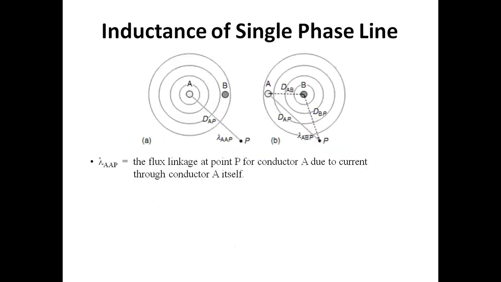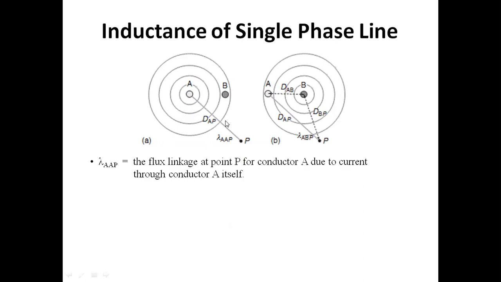So lambda AAP is the flux linkage at point P for conductor A due to the current IA itself. Actually here we are going to find the flux linkages between A and P. This is due to current IA.